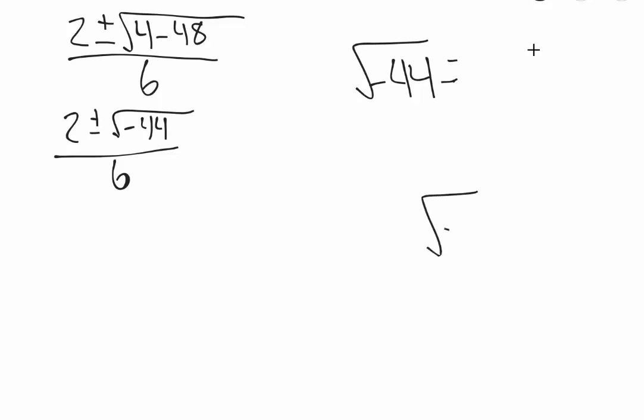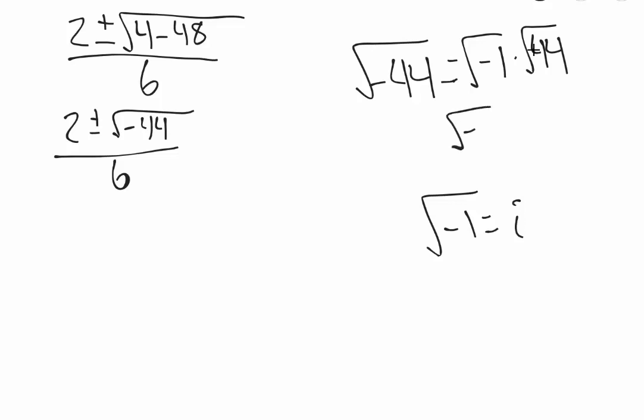We do have the rule that the square root of a negative 1 is equal to i. So what I like to do is break up the number like this. Instead of square root of negative 44, I know that this is the same thing as negative 1 times 44, right? Since negative 1 times 44 is negative 44.